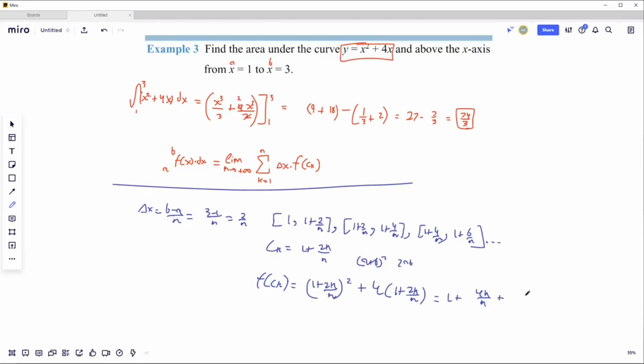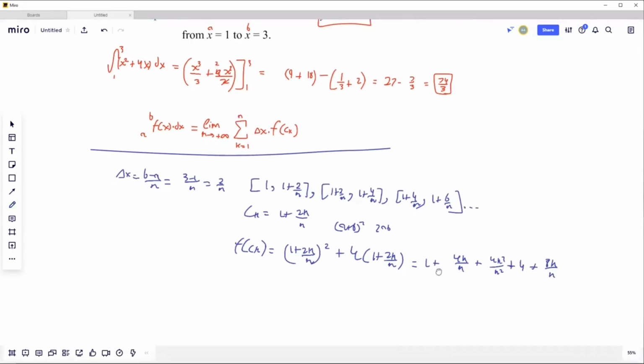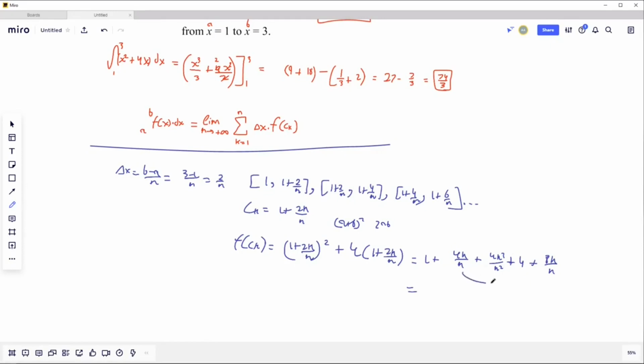Plus the squared, so you have 4k squared over n squared, plus 4 into this, so you get 4 for this small part, and for this one, 4 times 2, you get 8k over n. And let's simplify further. If you don't mind, first of all, these are like terms, and I'm going to start with this, as in descending order of power. So 4k squared over n squared, because it looks nicer, plus 12k over n plus 5.